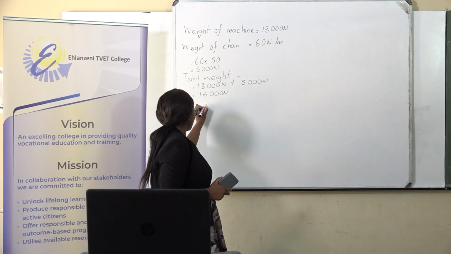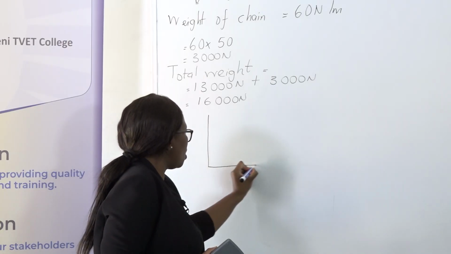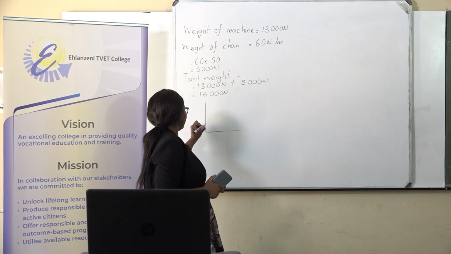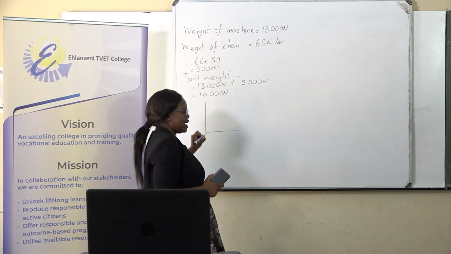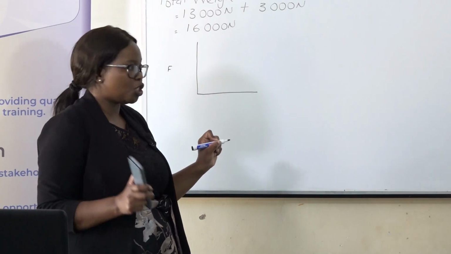We have the vertical and horizontal. Here we are asked that on the vertical we put our weight, which is our force, and we need to indicate that force is measured in newtons.